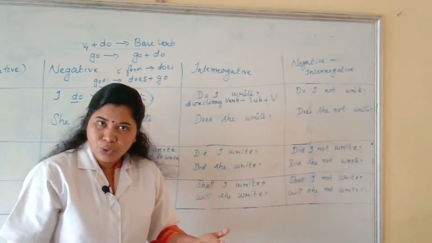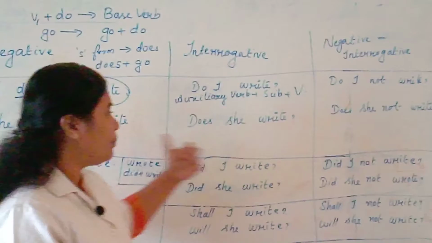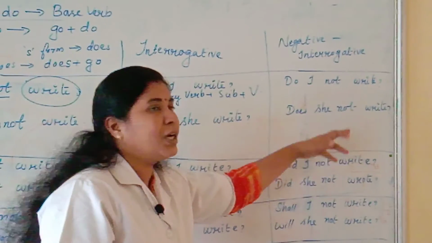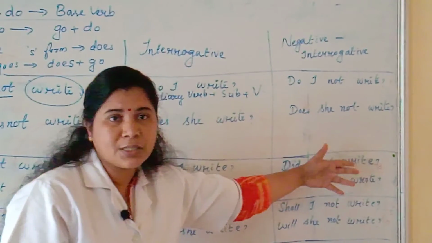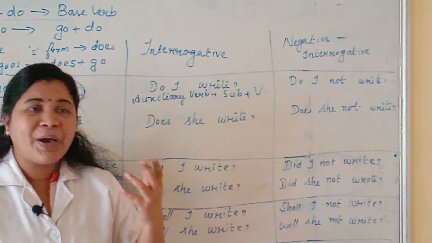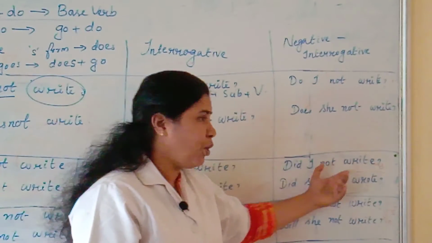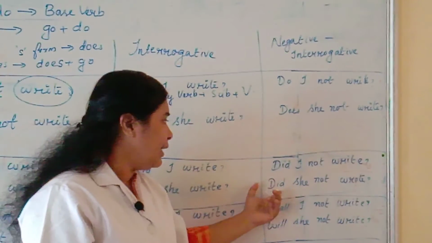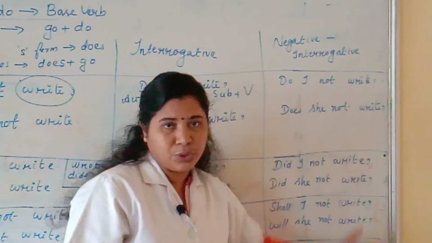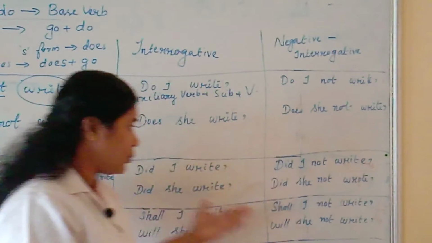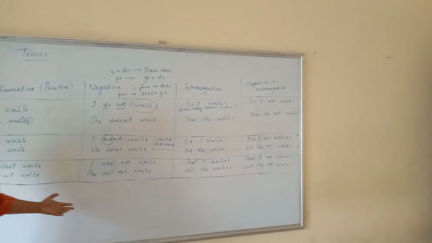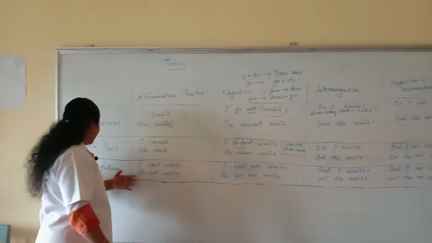Just add not, is it? It is already written there. Did I not write? What is the structure? What is the pattern? Did I not write? And then did she not write? Is it clear?